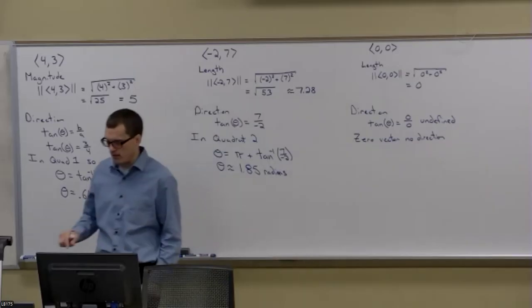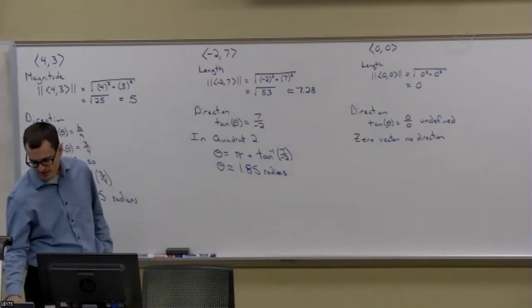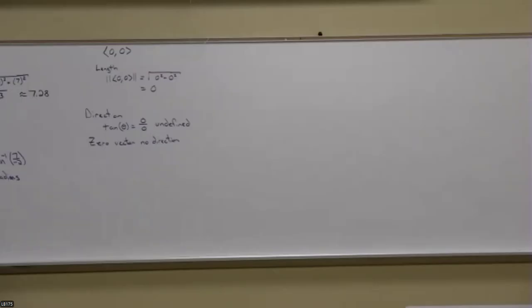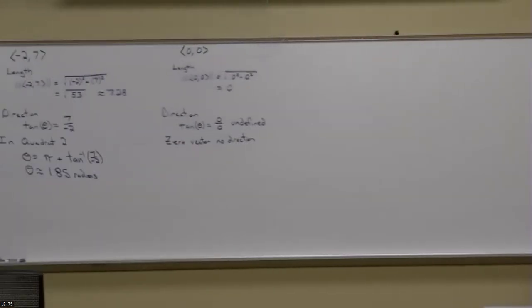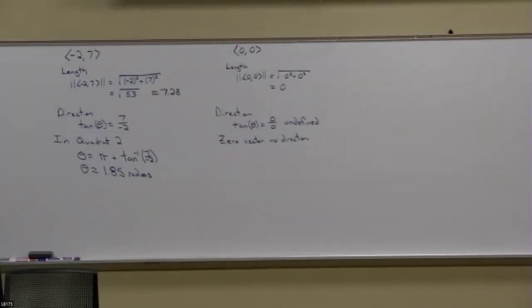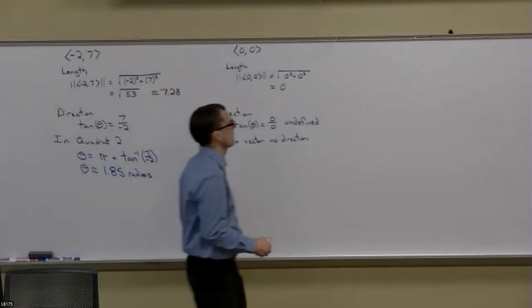Now, I do want to add one little caveat because I don't want you to think the reason for the zero vector having no direction is just the 0 in the x value.